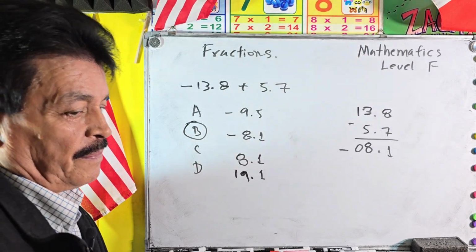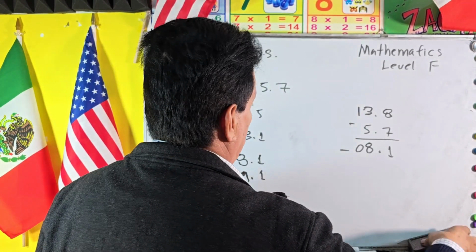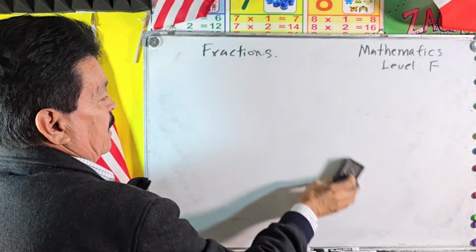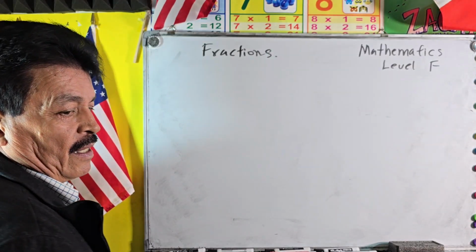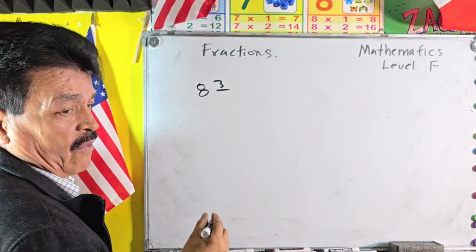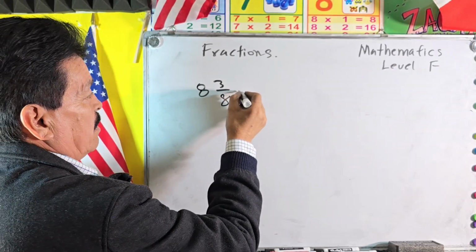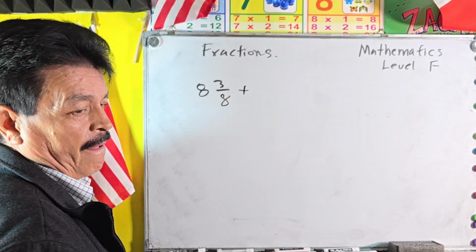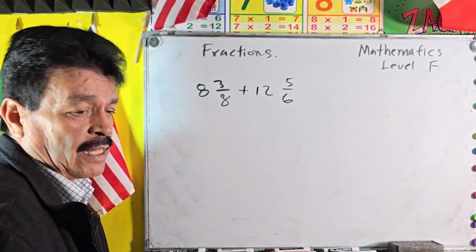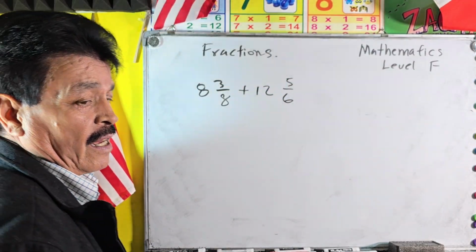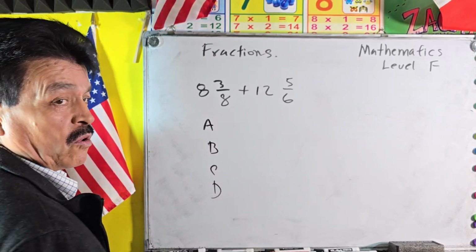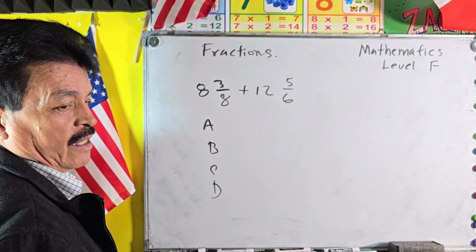Let me show you one more problem in the way it comes in the test. Let's write 3/8 plus 5/6, for instance. A problem like this comes in your test. We have A, B, C, D, 4 possible answers, but only one is the correct one.